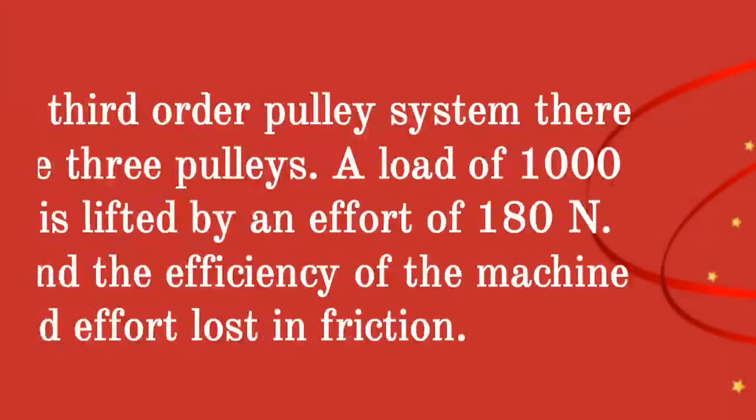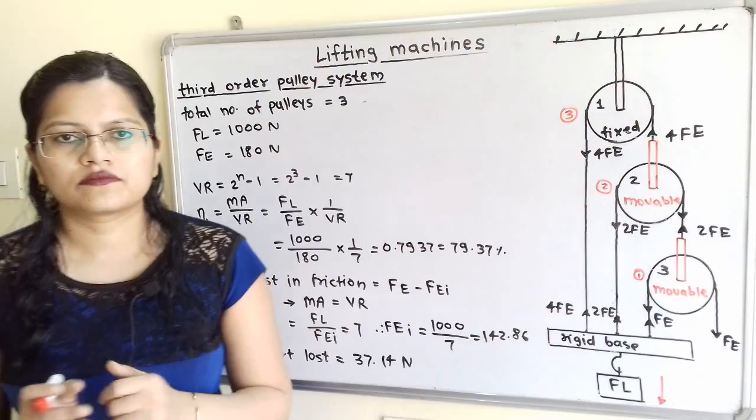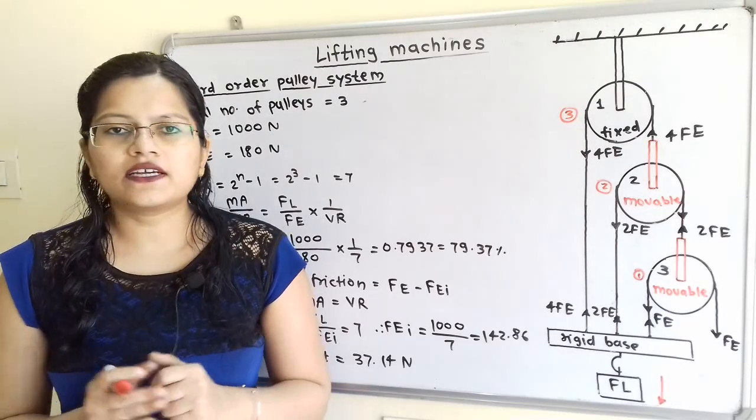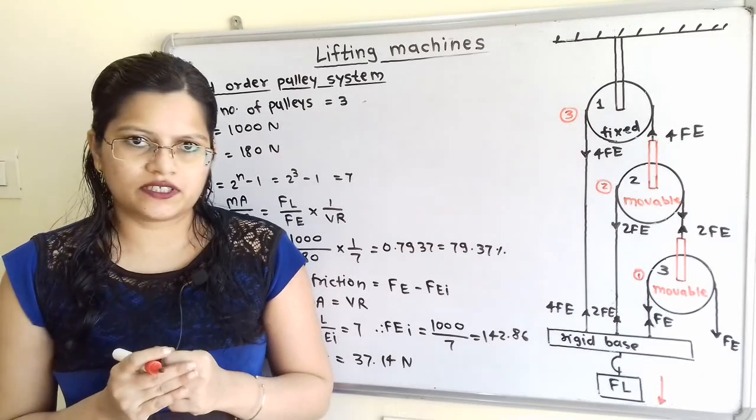Given question: in a third order pulley system there are 3 pulleys. A load of 1000 Newton is lifted by an effort of 180 Newton. Find the efficiency of the machine and the effort lost in friction. Let us understand the given data. This is the third order pulley system.